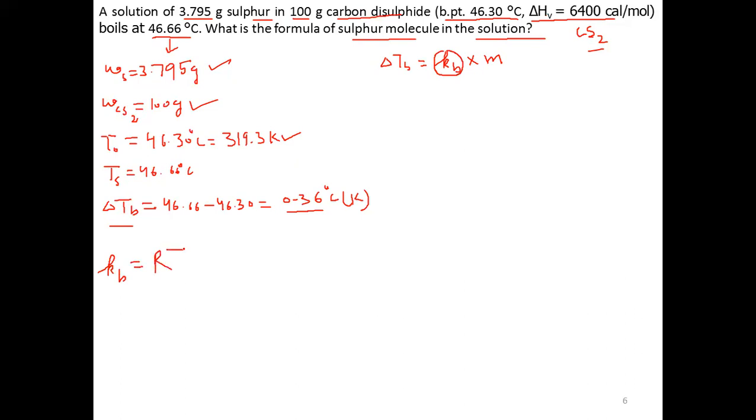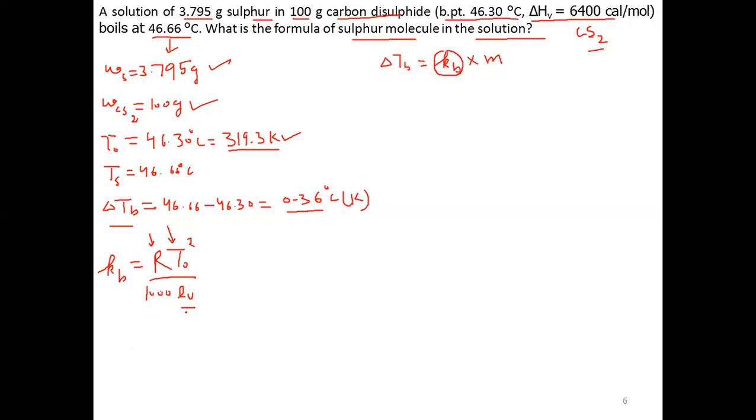It is R T naught square divided by 1000 Lv, where R is gas constant, T naught is boiling point of pure solvent. So it is given. T naught is given. R we will see how much value is given.